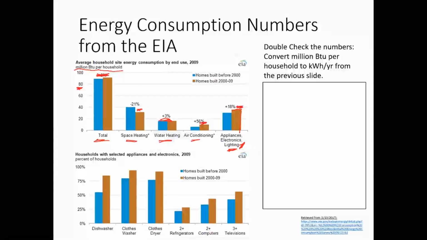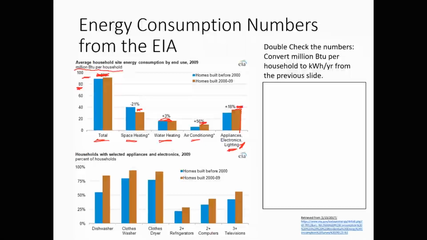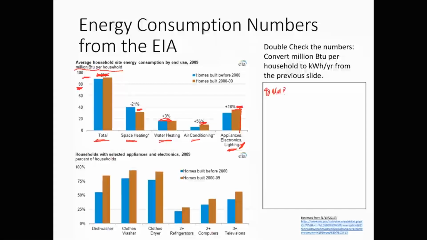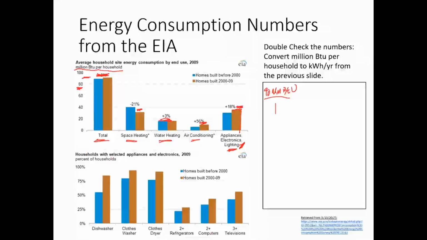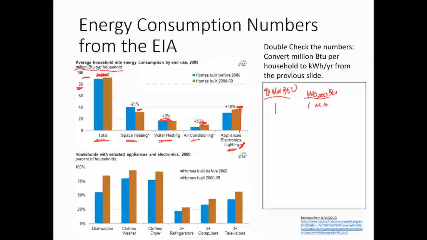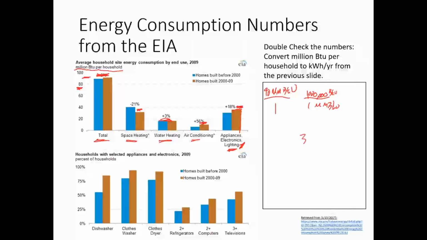And another thing to emphasize is that we're around 90 million BTUs. So if we check those numbers, if we convert 90 million BTUs, we're going to use our train tracks method here, whatever we call it. So we want 1 million of these and 1 of these, and then we want to cancel out BTUs, right?